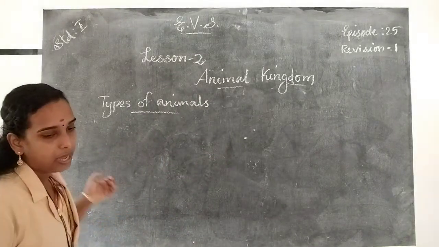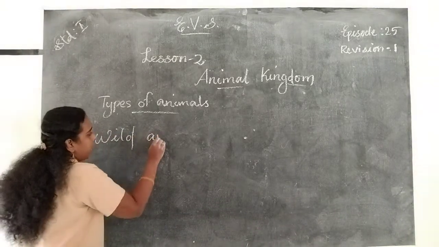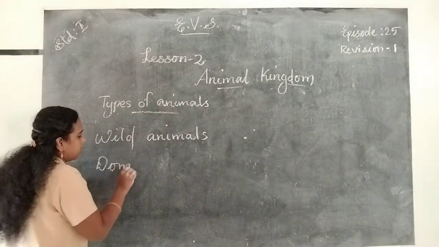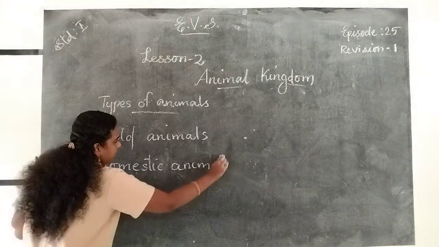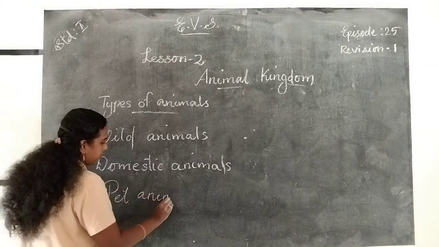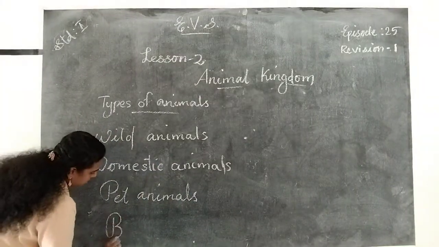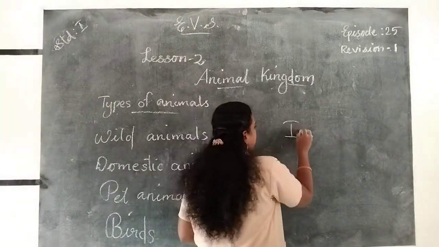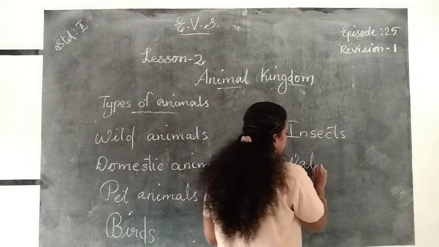And the types of animals: wild animals, W-I-L-D, wild animals. Then domestic animals, pet animals, then birds, insects, and water animals.